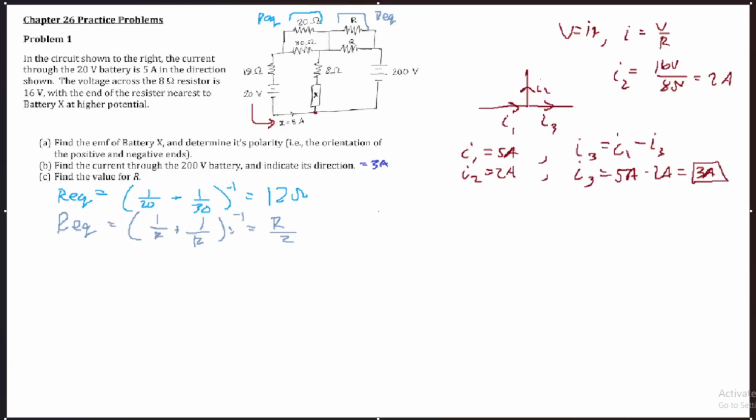So now that we have this, we can redraw this circuit real quick.